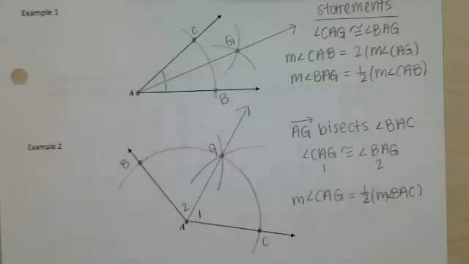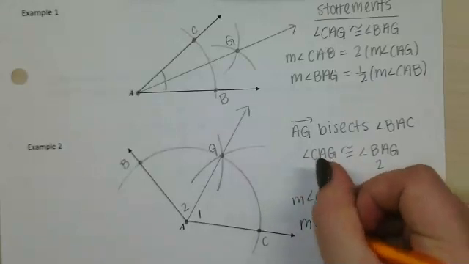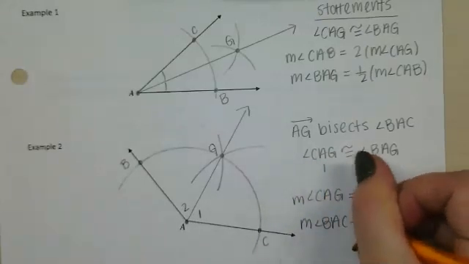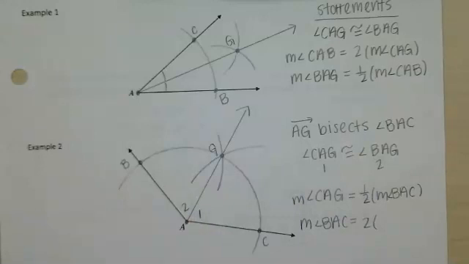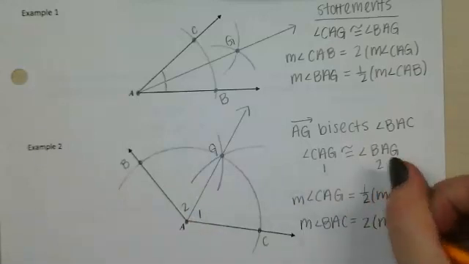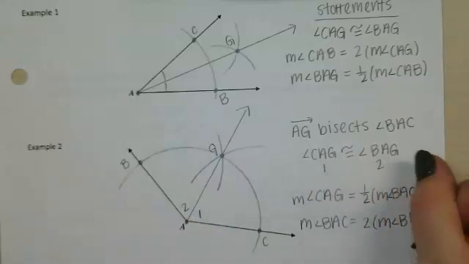And then one of those angles could be doubled to be equal to the entire angle. So the measure of the entire angle, BAC, would be equal to 2 times either one of these, 1 or 2. The measure of angle, I'll use BAG this time.